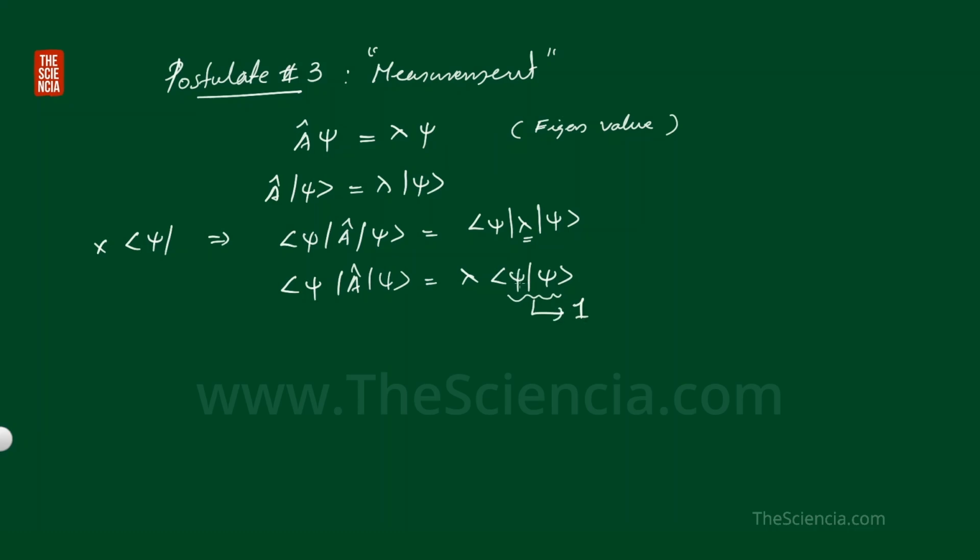Because the inner product with the same state will be equal to 1 because they are normalized. So we got lambda, that is the eigenvalue, is equal to bra psi operator A ket psi. This is nothing but, that is, lambda is equal to the expectation value of A. That is, the eigenvalue is nothing but the expectation value.